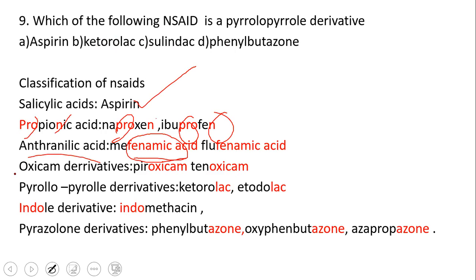Then oxicam derivatives, where oxicam is at the end. Then pyrrole derivatives: ketorolac, etodolac. The "lac" will be at the end. So option B is the right answer. Then indole derivative, indomethacin. Pyrazolone derivatives: phenylbutazone, oxyphenbutazone, azapropazone.